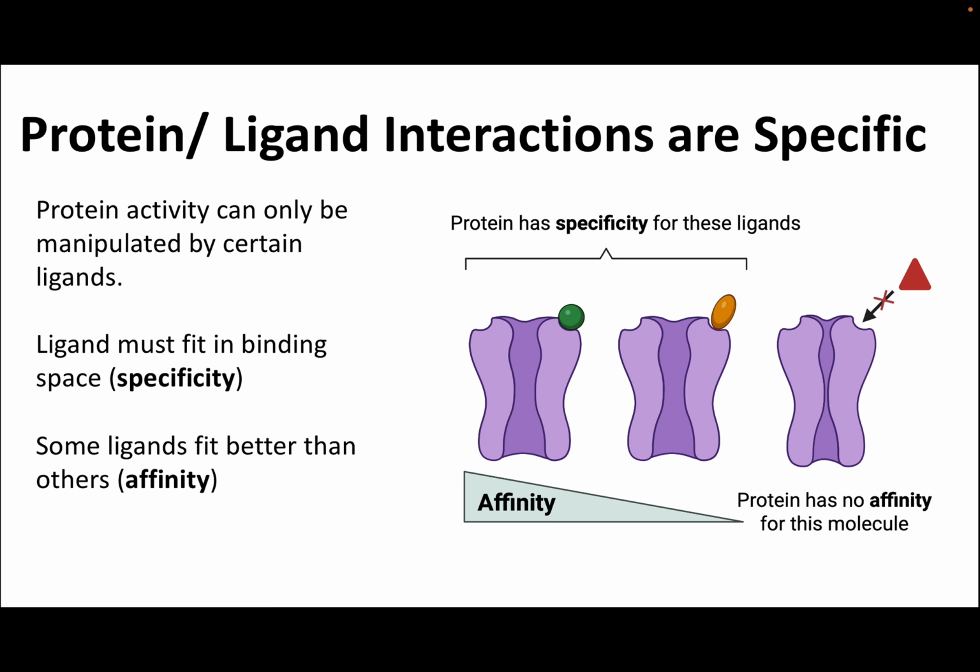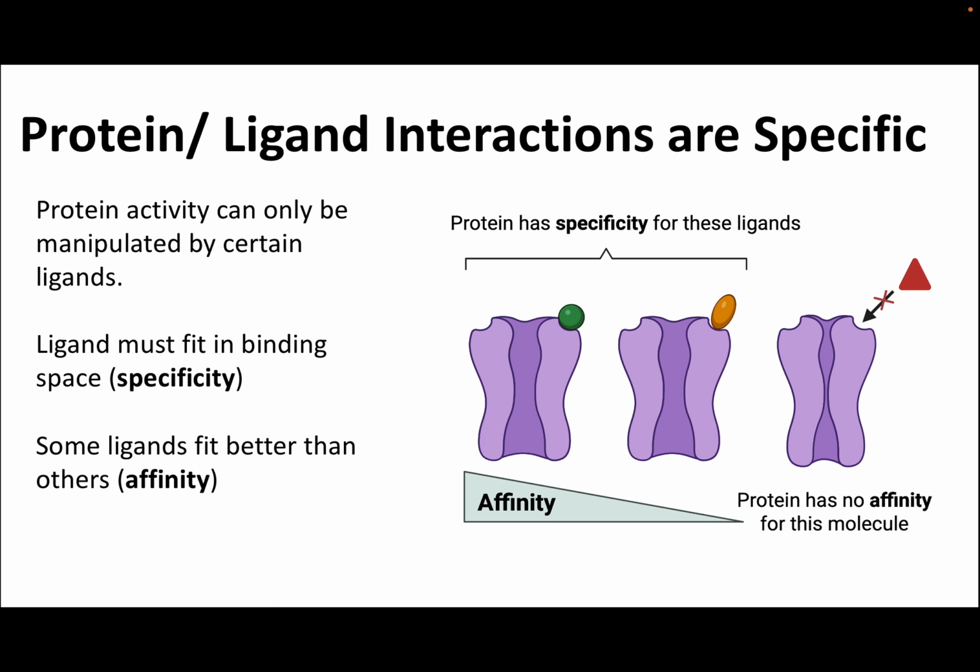So specificity is talking about whether or not a ligand can bind to that protein and change its activity level. If a protein has specificity for a ligand, then that ligand can act as an on and off switch. If it doesn't have specificity, then that ligand will have zero effect on the protein's activity level. It's not a ligand that can control that protein.